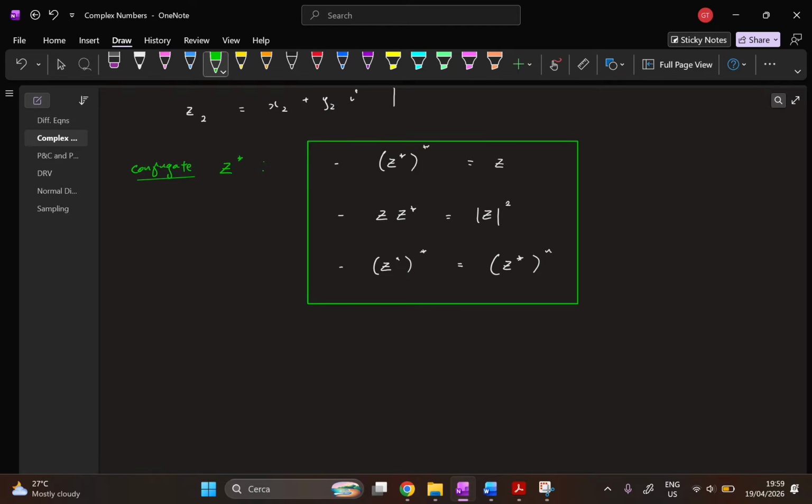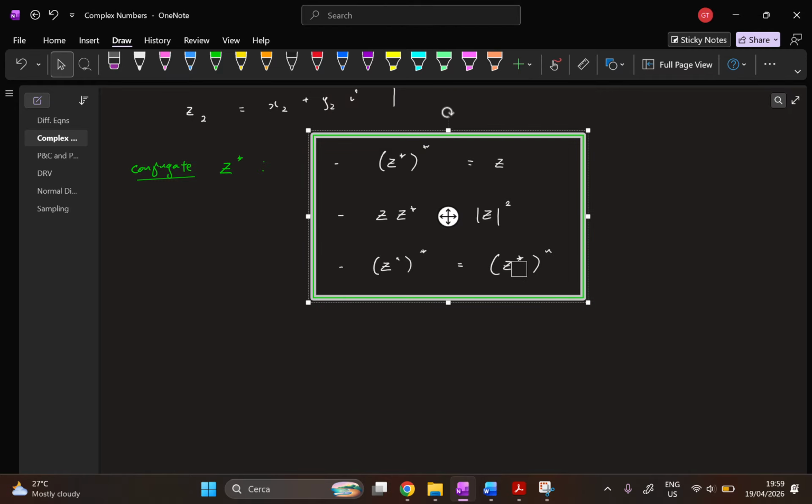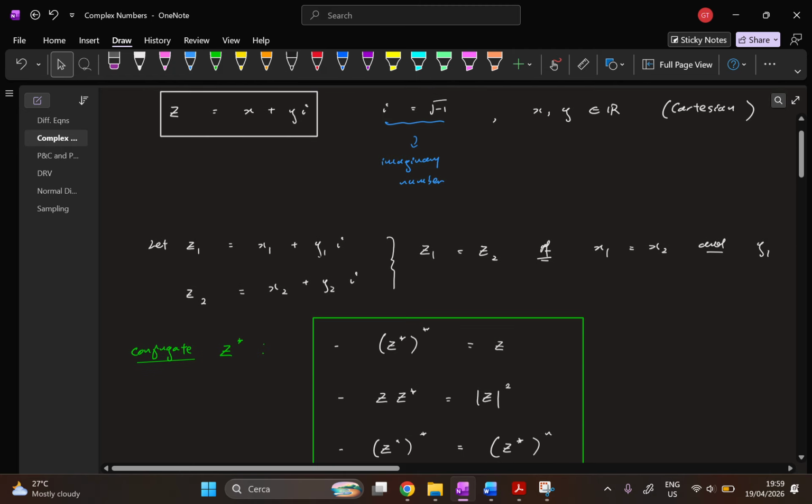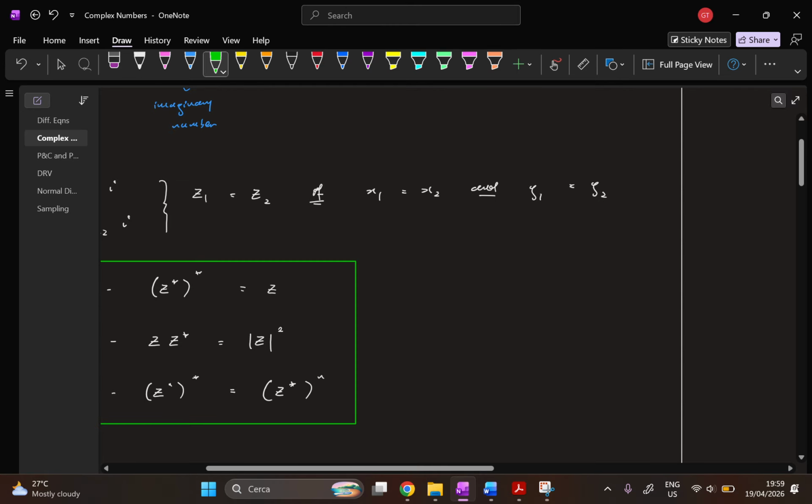But what exactly is the conjugate? In simple terms, if we go back to our Cartesian form, if z is equal to x plus or minus yi, then in that case, z conjugate is going to be this sign flipped.